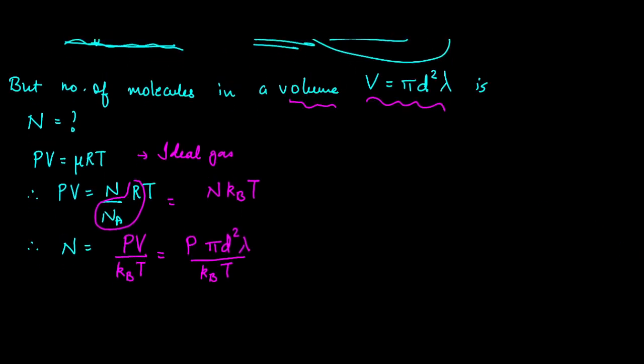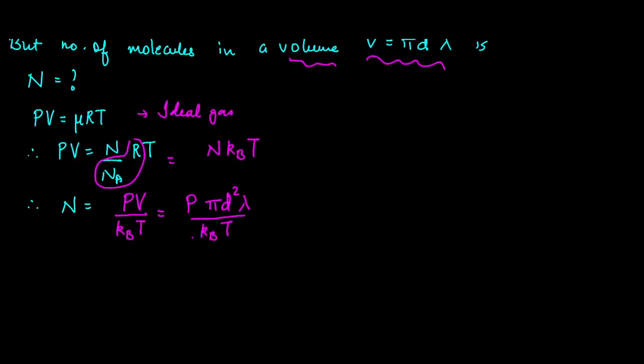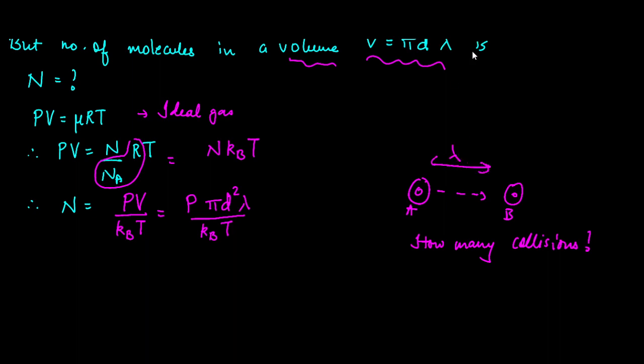And because we are talking about mean free path, again, what is mean free path? Recall its definition. Distance traveled on an average between two collisions. So here, when this molecule moves from A to B, can you tell me how many collisions it made if this distance is mean free path?